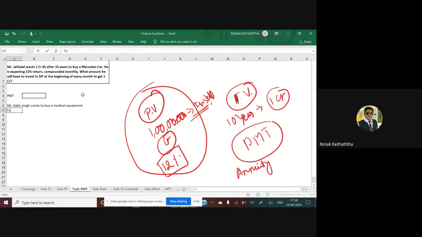For that, he requires a loan of, say, 50 lakhs. Interest would be 13%, and the loan amount will be paid in installments on a monthly basis for the next 5 years.